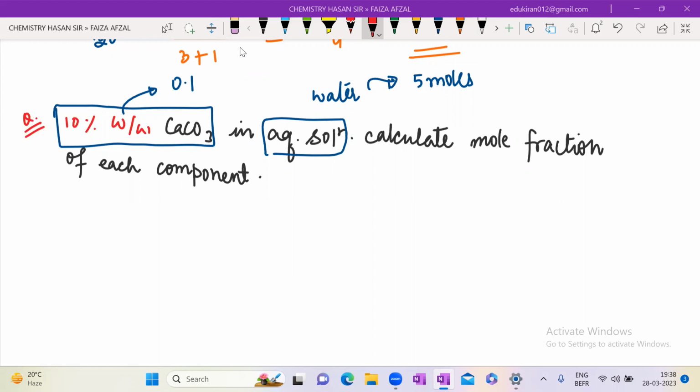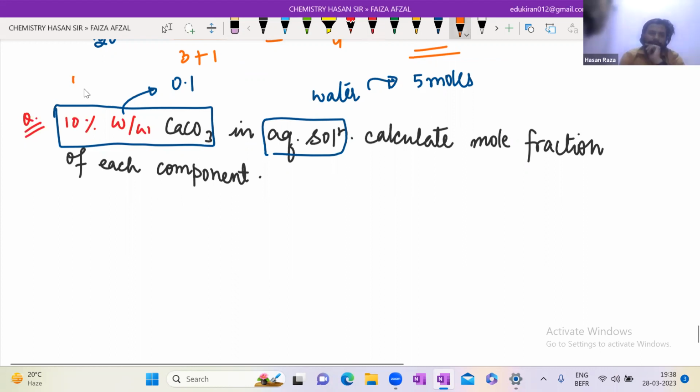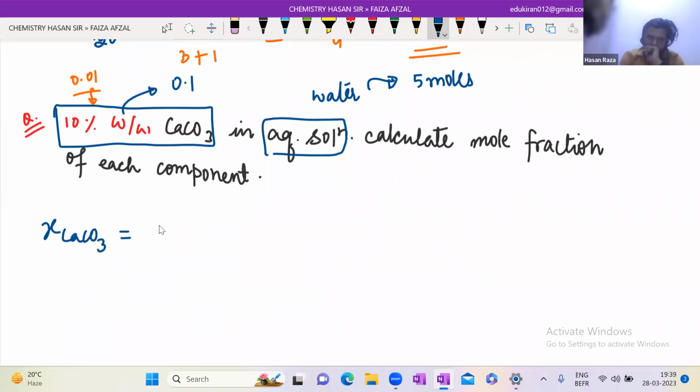Mole fraction of CaCO3 is 0.01 and water is 0.9. 0.01, you are talking about this, right? Yes, sir. Okay, just let me check. Mole fraction of CaCO3 will be number of moles of CaCO3, that is 0.1, upon 0.1 plus 5, that will be 0.1 upon 5.1.